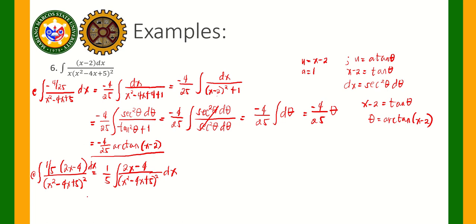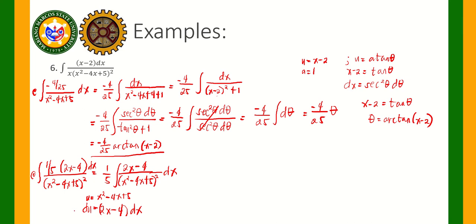So, mag-let u ulit tayo. Let u be equal to x squared minus 4x plus 5. Yan lang muna. Okay, so let u. And then our du will be equal to 2x minus 4 dx.